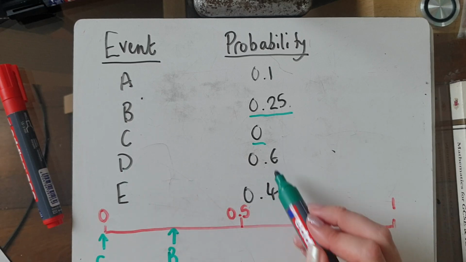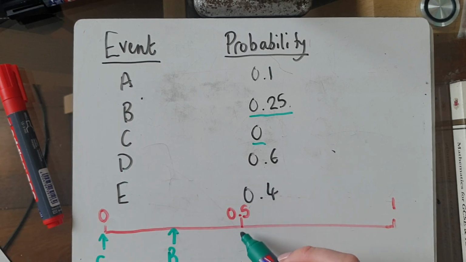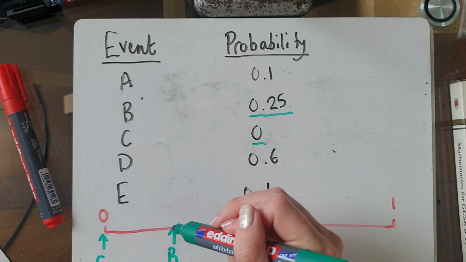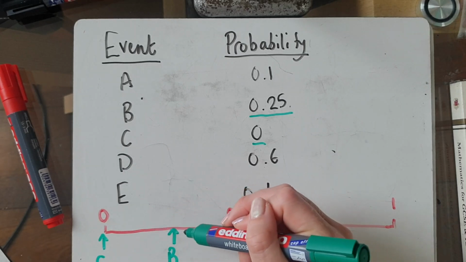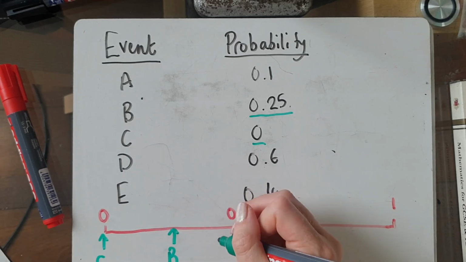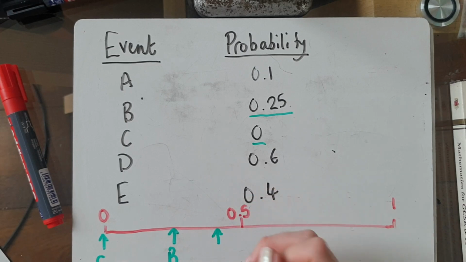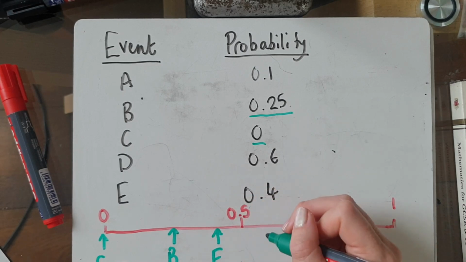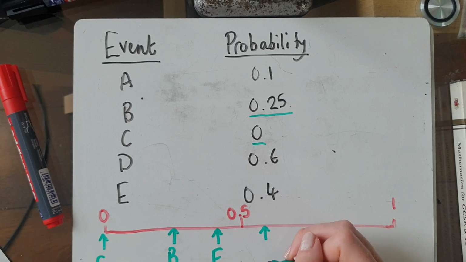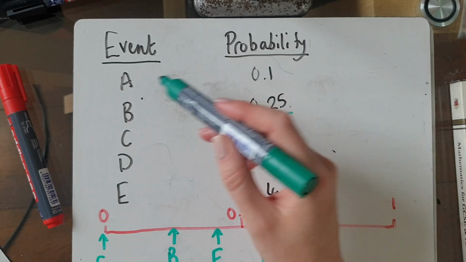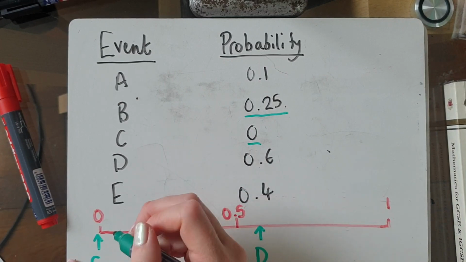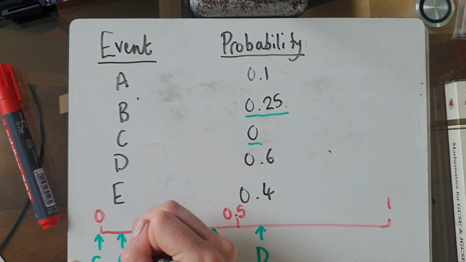D and E are either side of 0.5. So if I split this roughly into 5, 0.4 would be about here, so that would be E, and 0.6 would be about here, so that would be D. Finally, A is at 0.1, so that's about here.